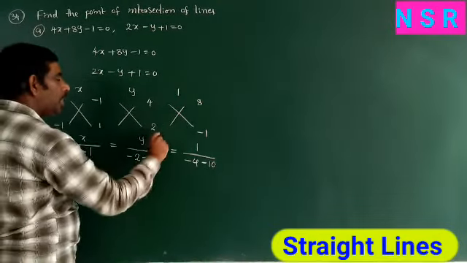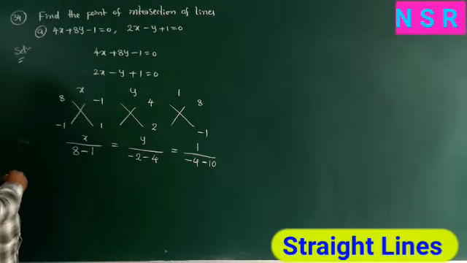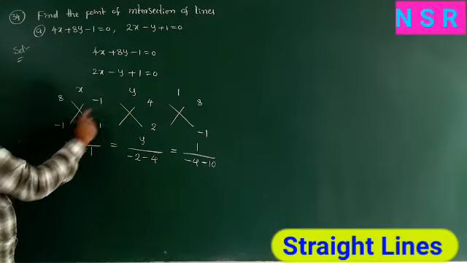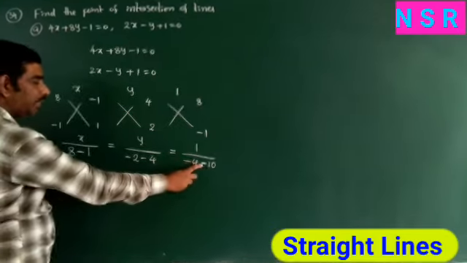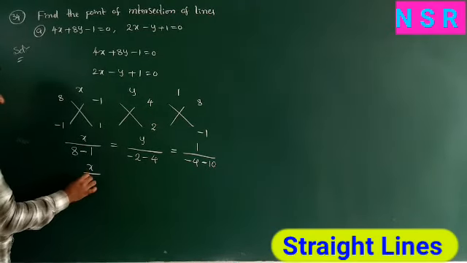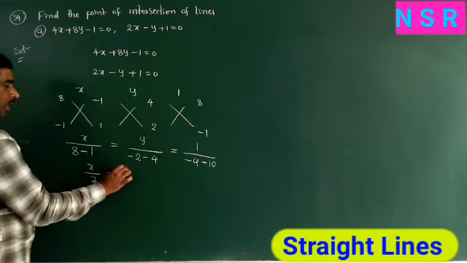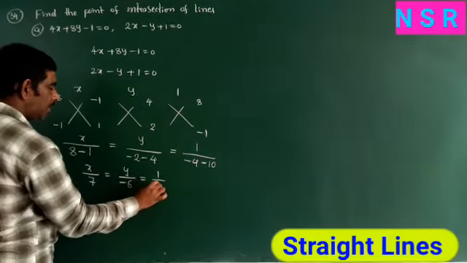If both are plus we get minus, and if both are minus also we get minus. Out of these two elements B and C, if any one element has minus, we get plus, remember it. So next write x by 8 minus 1, 7; next y by minus 2 minus 4, minus 6; 1 by minus 14.